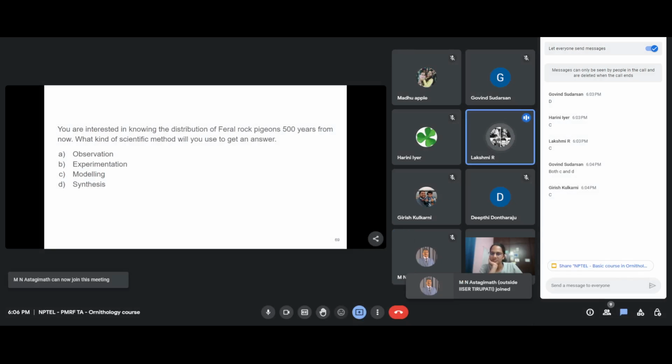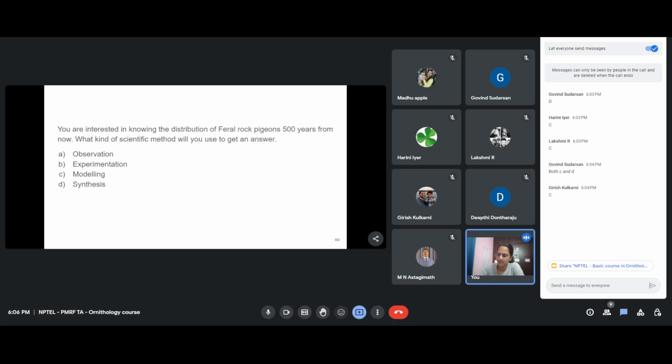So the framework is basically modeling. If you model something, you can extrapolate that model to say years, and then you can guess. So modeling is the one. Right, yeah. So in this case, modeling is the right answer.